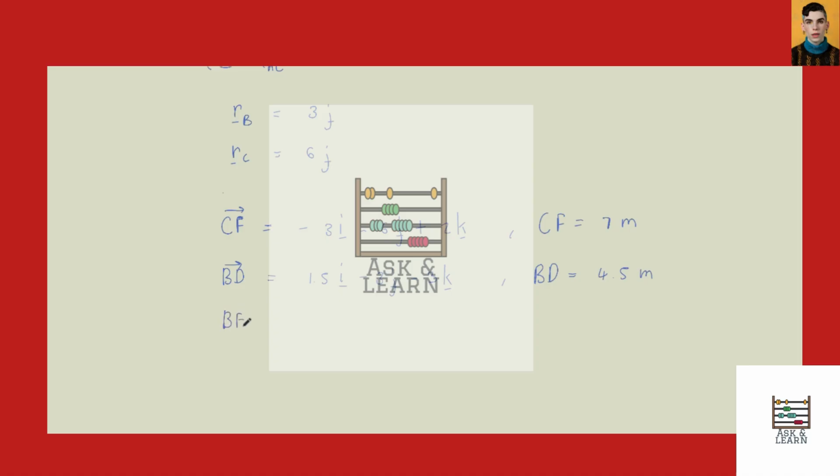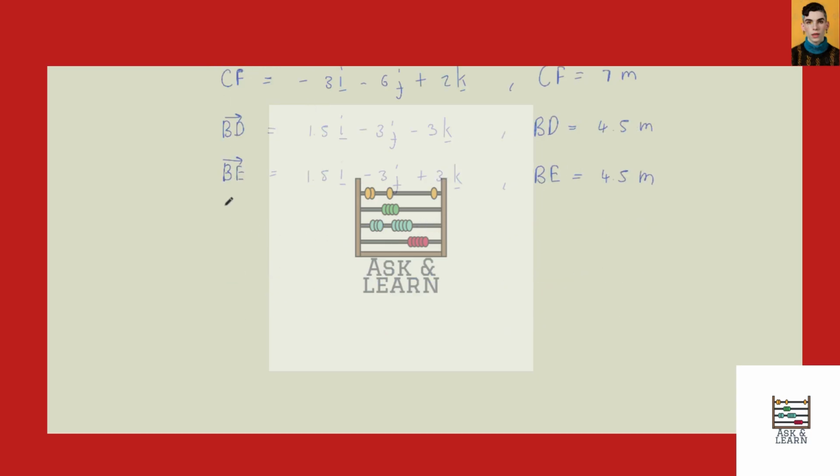Vector BE is 1.5 along the x direction minus 3 along the y direction plus 3 along the k direction, and this vector has magnitude of 4.5 meters. So the length of BE is 4.5 meters.